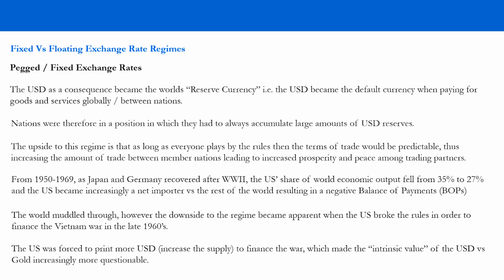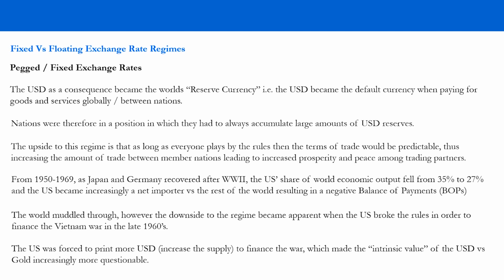So what was happening was that Japan and Germany were recovering structurally and producing goods for the international market that were in competition with US goods. And the US increasingly became a net importer of Japanese and German goods versus the rest of the world, resulting in a negative balance of payments within the United States. So the US ended up with a deficit.